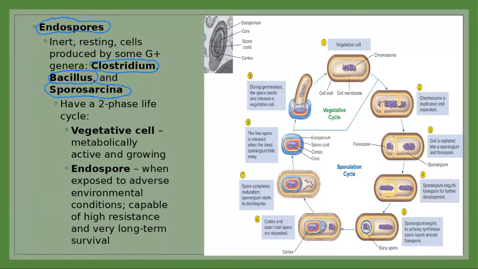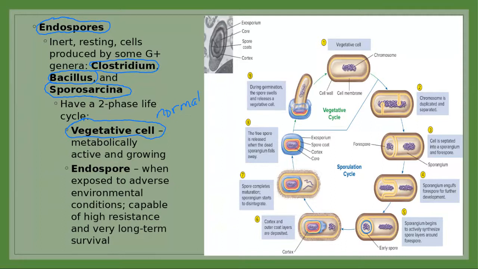So bacteria that produce endospore will have two life cycles. They will have the vegetative cell during normal condition.